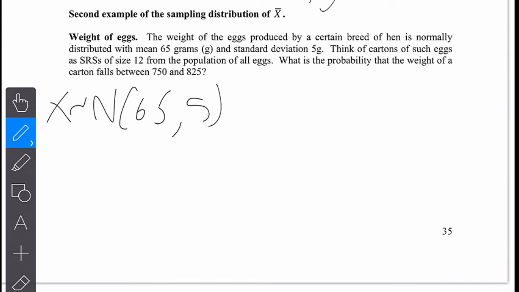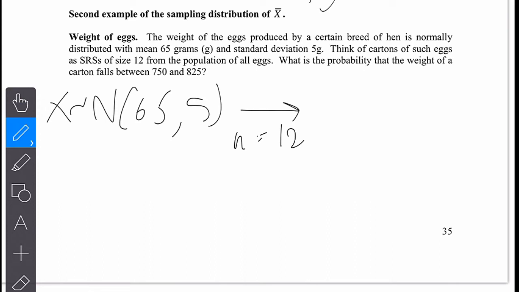Think of cartons of such eggs as a simple random sample of size 12 from the population of all eggs. So now I'm going to take a sample of size n equals 12, and what is the probability that the weight of a carton falls between 750 and 825?